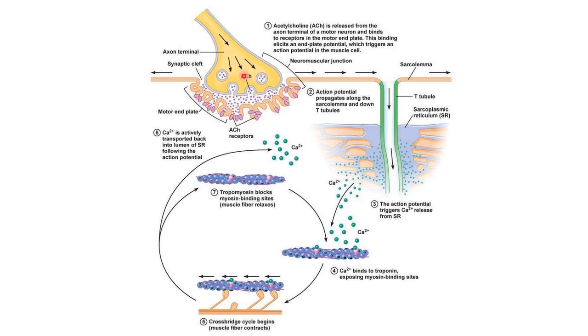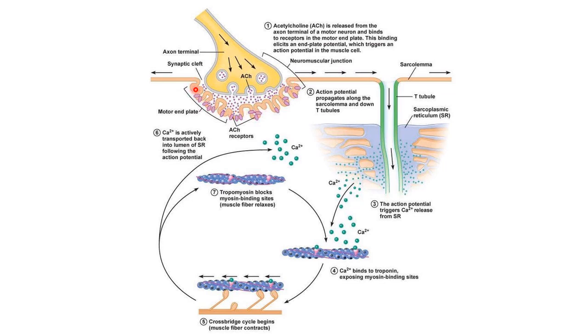the calcium ions, and this will result in the exocytosis of acetylcholine into the synaptic cleft. This is the synaptic cleft. It will bind to the acetylcholine receptors on the postsynaptic membrane, or the membrane of the muscle.